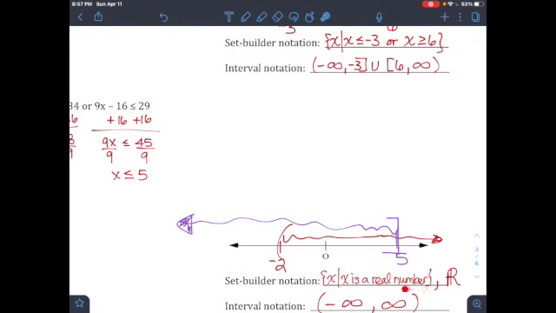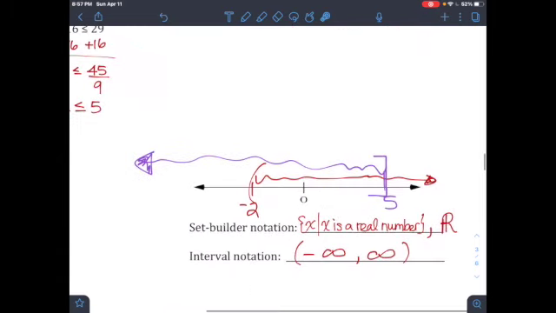Any number you put in there, one of those inequalities will work. So you can say x is a real number, or you can just put down a big R with a little slash through it. And the interval notation is going to be from -infinity to positive infinity, because every single number is going to be covered by either the purple line or the red line. So all the answers will work.